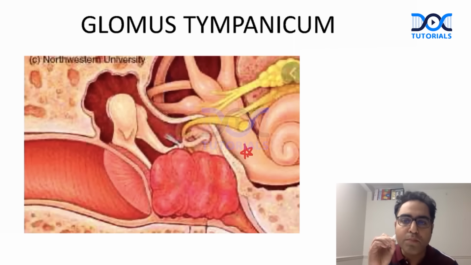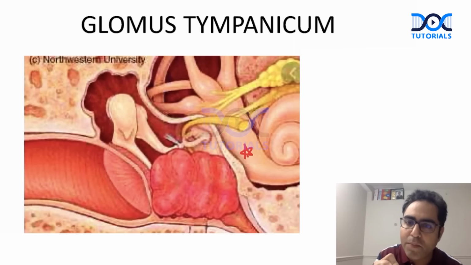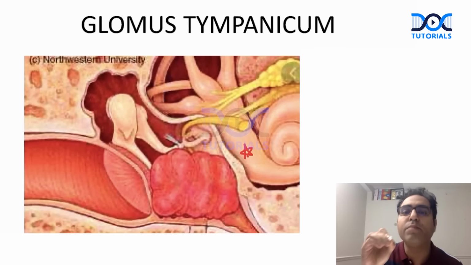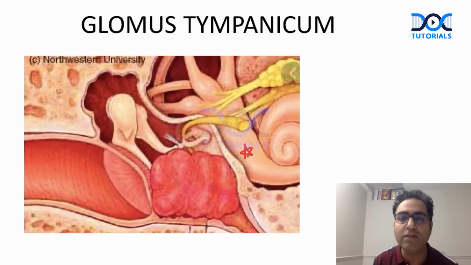Look at the star. Around that promontory, there are some glomus cells. If a similar tumor arises from the glomus cells lying around the promontory, the tumor will be named glomus tympanicum. Otherwise, the more common variety is glomus jugulare.